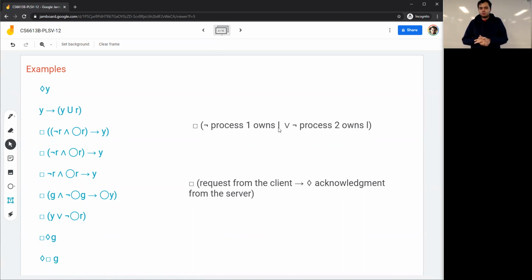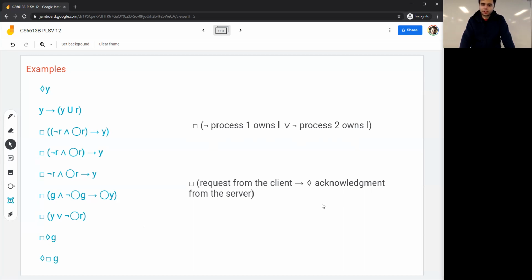And when we want to handle mutual exclusion, the requirement that no two processes should have the lock at the same time, we can write that always it is the case that either process 1 does not have the lock or process 2 does not have the lock, right?